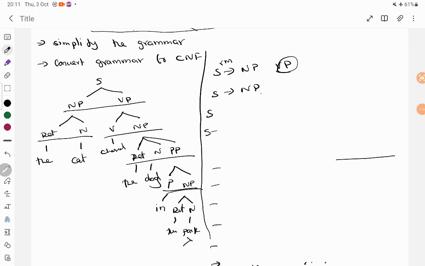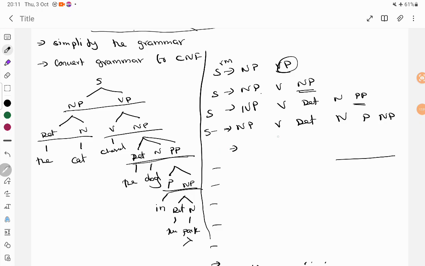So this VP can be replaced with V NP. Okay, and then this NP will remain as it is, V will remain as it is. Instead of NP, we replace NP with DET N PP. Okay, and you have NP, V, DET, N. Now instead of PP, the substitution is P followed by NP.